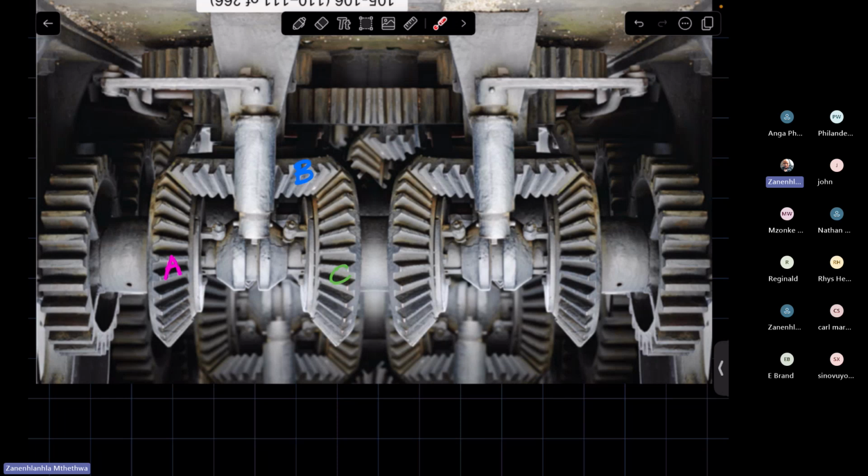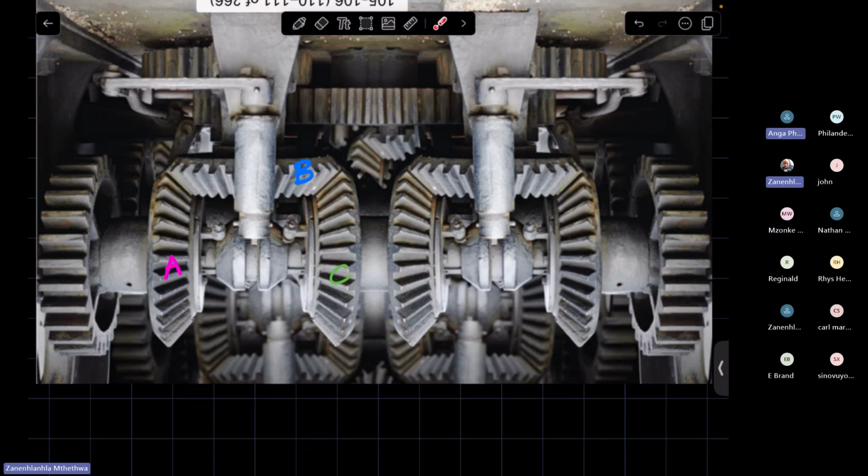Now, gear B is going clockwise, and from a linear perspective it is essentially going in this direction, so it is going to push gear C. If this is going clockwise, how is gear C going to rotate?